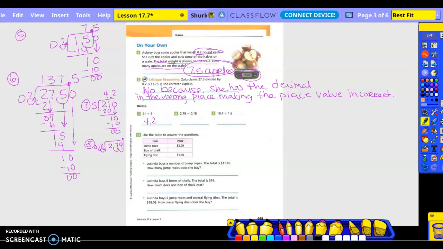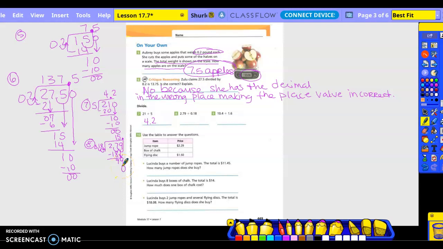18 into 2. 18 into 27. 9 left over. Bring down the 9. 18 into 99. So basically, 18 is added to what? 20. How many times does 20 go into 99? 5 times, right? 5 times 8 is 40.